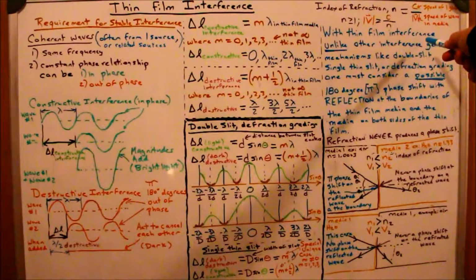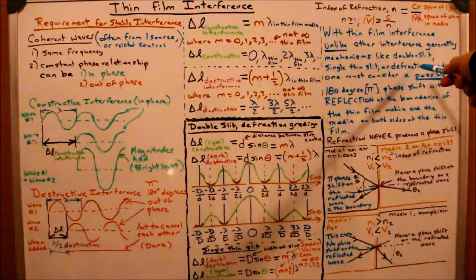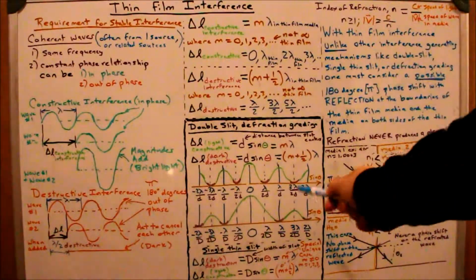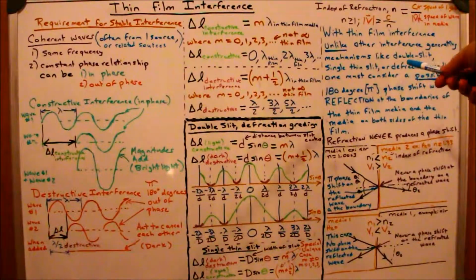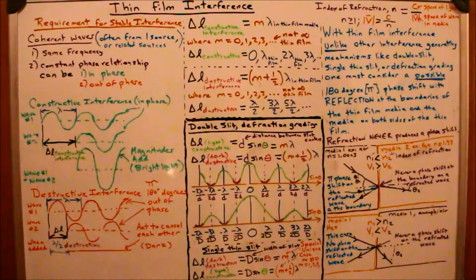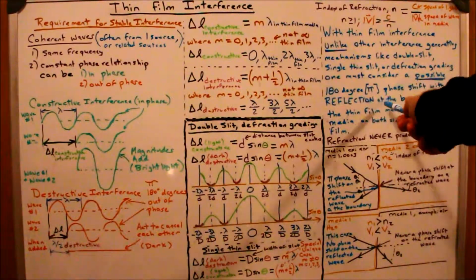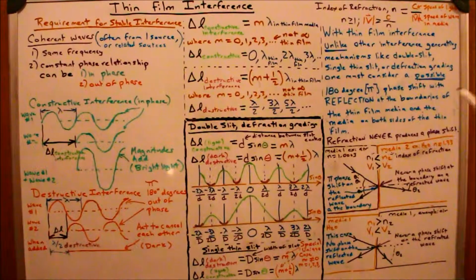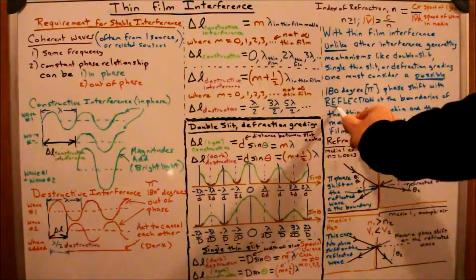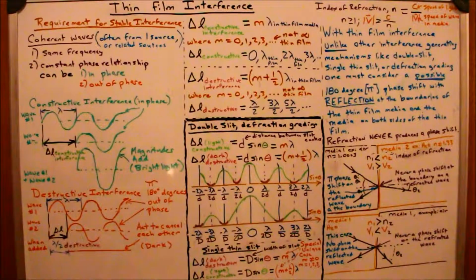With thin film interference, unlike the other interference generating mechanisms like double slit or diffraction grating or single slit, one must consider a possible 180 degree or pi radian phase shift with reflection at the boundaries of the thin film and the media on both sides of the thin film.